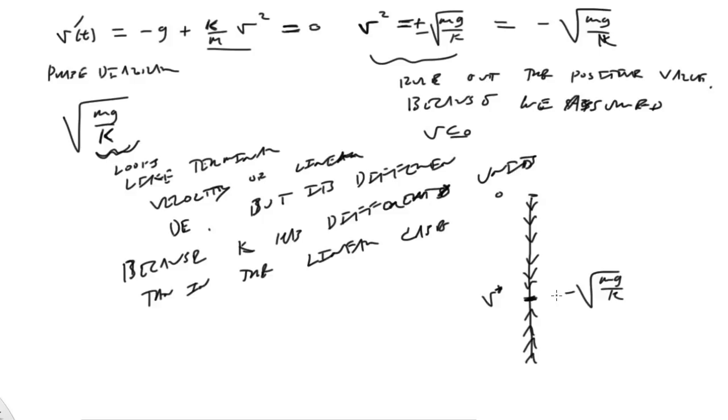Now, of course, in the other case where you have velocities going in the positive direction, there'll be some other equilibrium corresponding to the case where we have a positive velocity. But it turns out that in that case we have some instability. But we'll leave that for another time. Thank you very much.